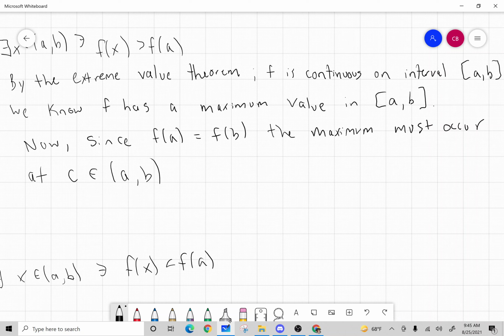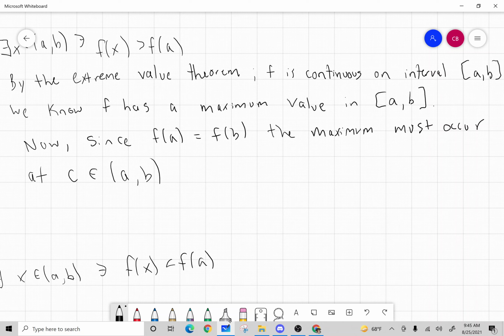And so, right, if f of a and f of b are equal, and we know that some value is higher than f of a, well then it's also higher than f of b. And so there's a maximum somewhere in there that is inside the open interval that doesn't include those endpoints, that is considered the maximum for this interval.